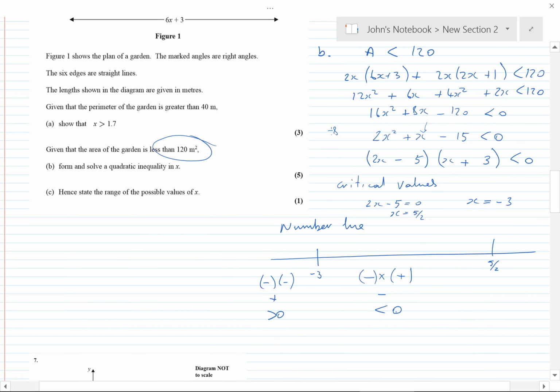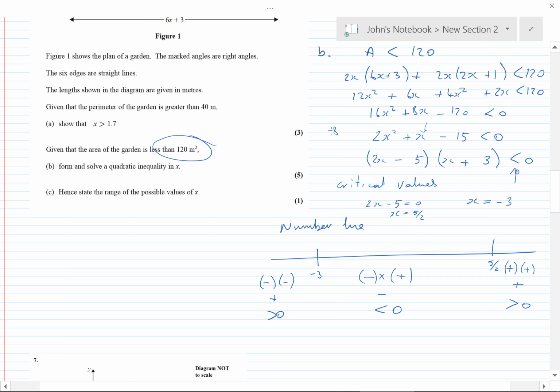And similarly, you can go greater than 5 over 2, which is any number really. We can choose 3. If we put 3 in there, it's positive. We put 3 in there, it's also positive. So it's positive times positive. And it will always follow a similar pattern one way or another to this. So that's positive, greater than 0.